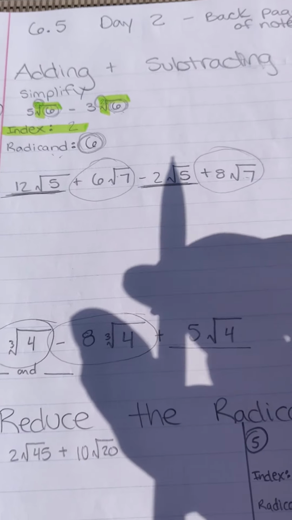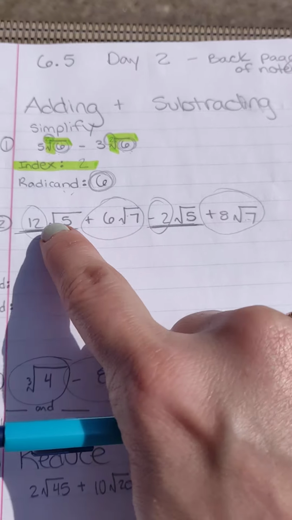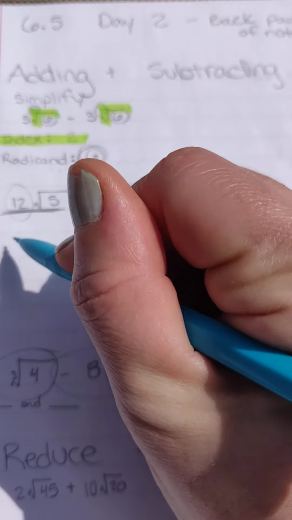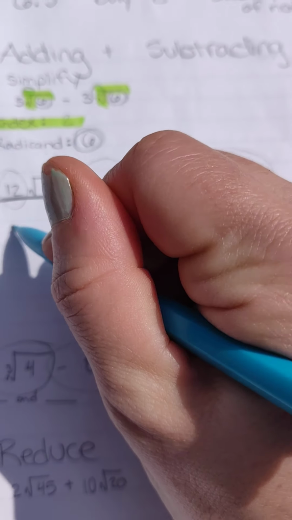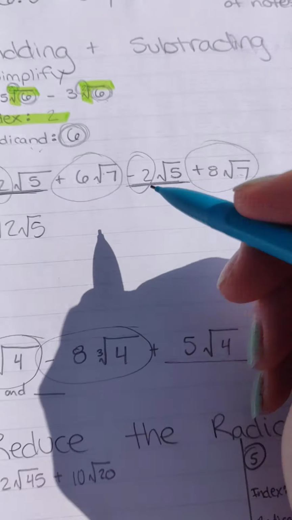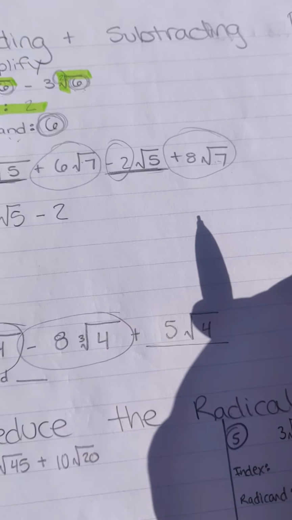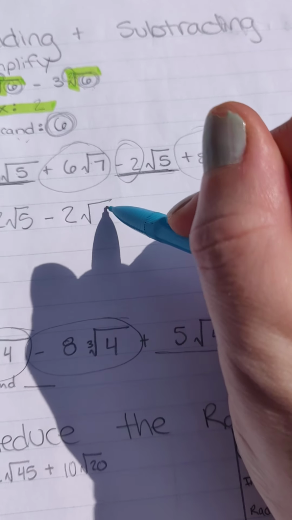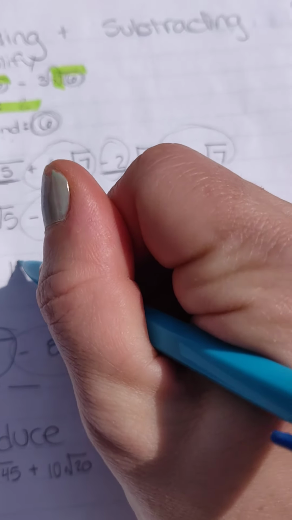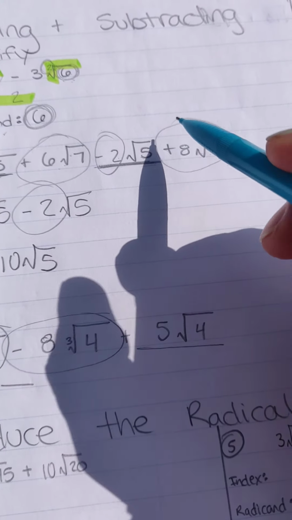So when I'm adding, I've got a 2 and then a minus 2, and since they both have a 5 under the square root, I can do 12 root 5, because that's this whole term, minus 2 root 5, because that's this whole term, and because 12 minus 2 is 10, I can write 10 root 5.